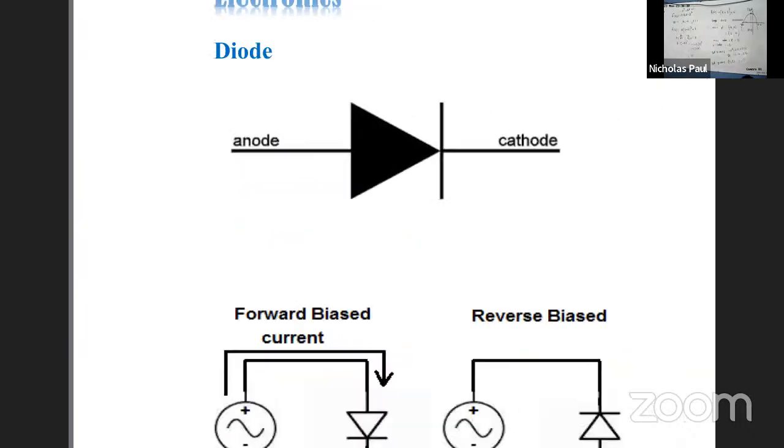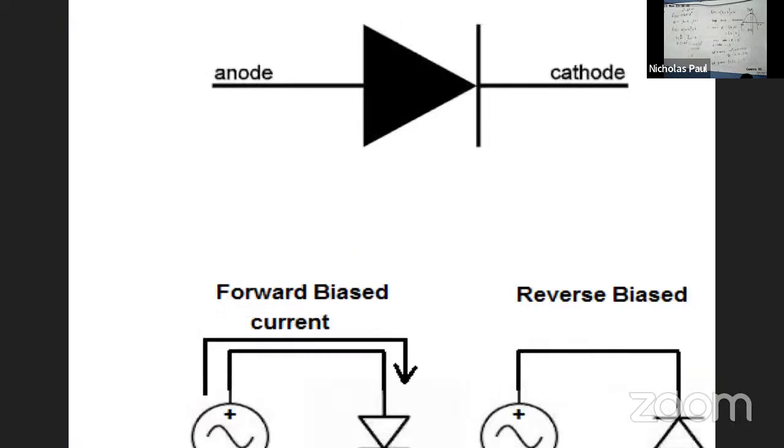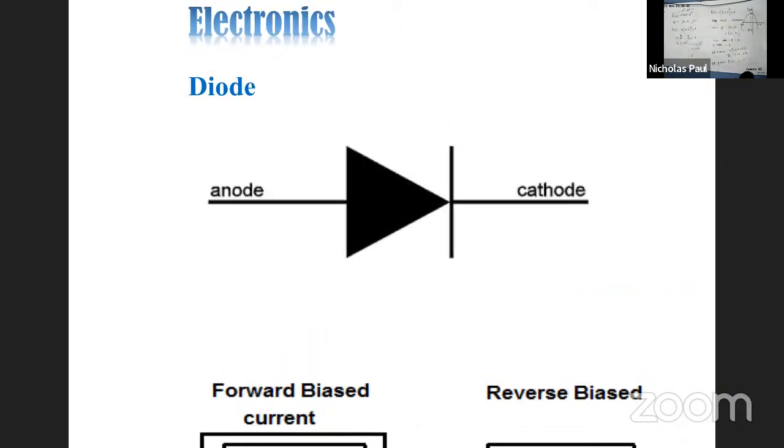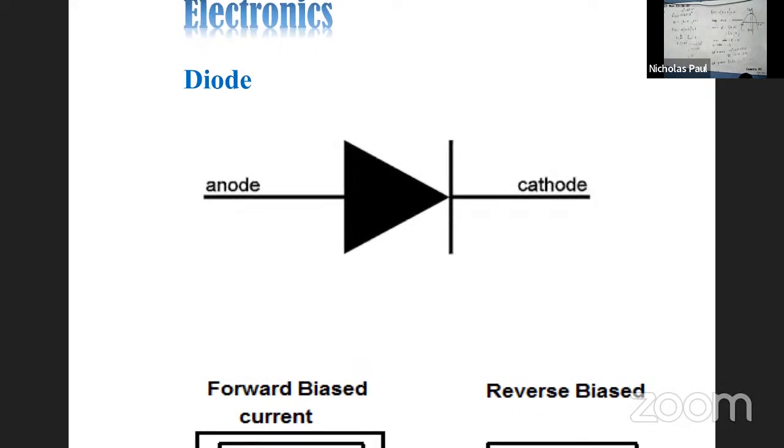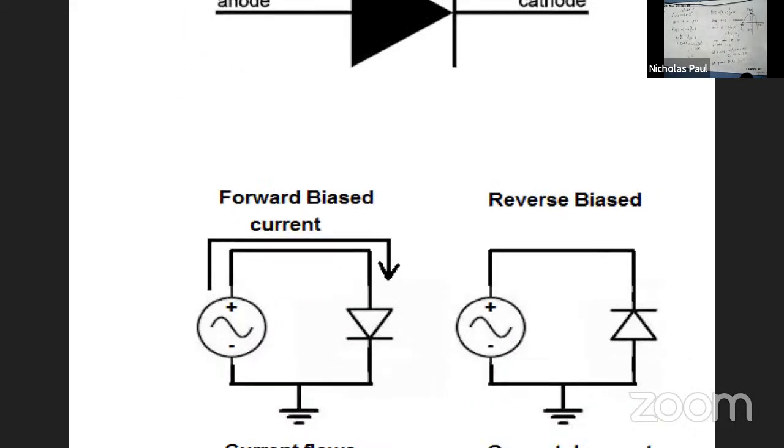And last thing, electronics: a diode. A diode is a device that allows current to flow in one direction, right? So a diode could be forward bias or reverse bias. If the current is flowing with the arrowhead, forward, it will conduct.